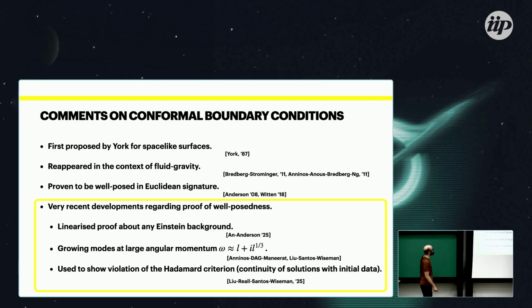So if you linearize the problem and you see what type of frequencies are allowed to exist at the linearized level, you will see that for spherical boundaries at large angular momentum, you will see frequencies that have a positive imaginary part. So this will make our boundaries grow exponentially in time. And not only grow, but they will grow a lot, even though, related to the real part, they will grow slower. They will still grow very fast with angular momentum.